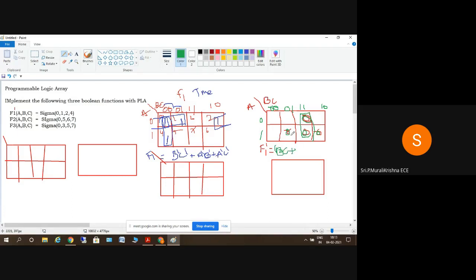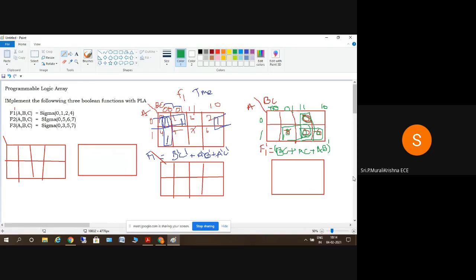Plus we can group these two, which is AC. And these two, AB. So F1 bar is equal to (BC plus AC plus AB) whole bar.